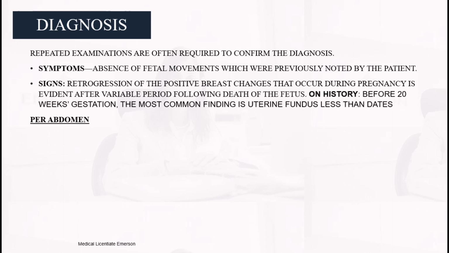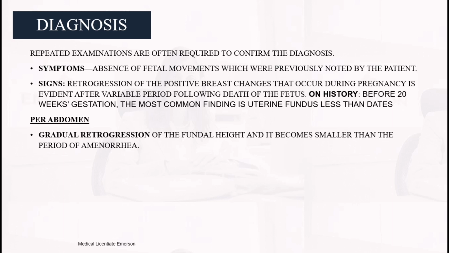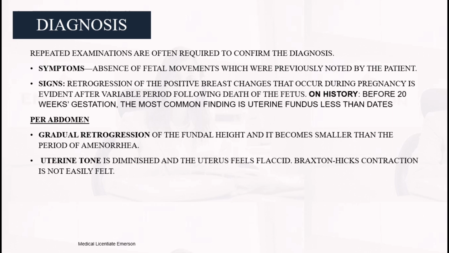Then per abdomen, what are you going to find? We can have gradual retrogression of the fundal height and it becomes smaller than the period of amenorrhea. So when you ask the patient the LMP and measure the height of fundus, we find that the uterus is small for dates. Then the uterine tone is diminished and the uterus feels flaccid, and the Braxton Hicks contractions are not easily felt.